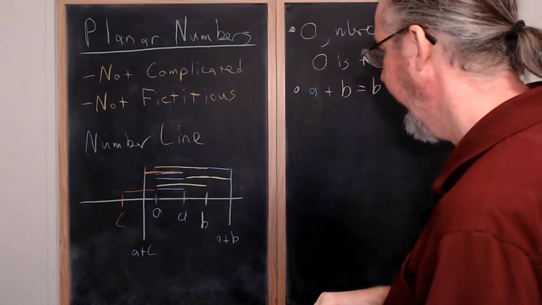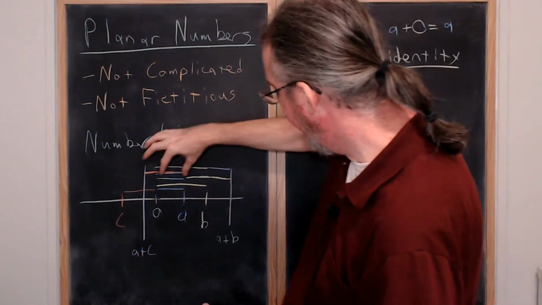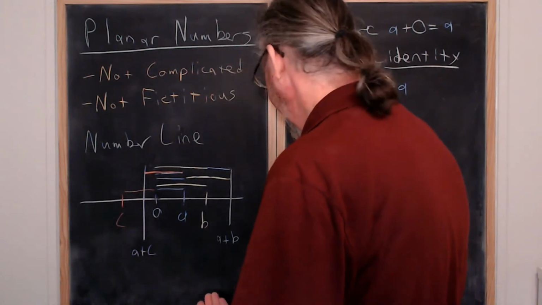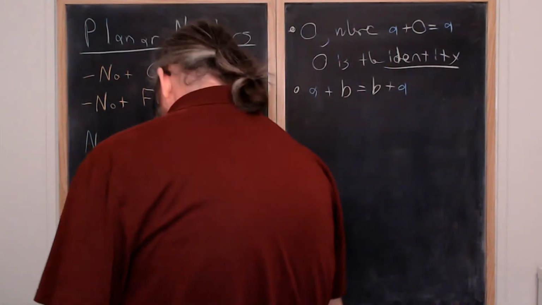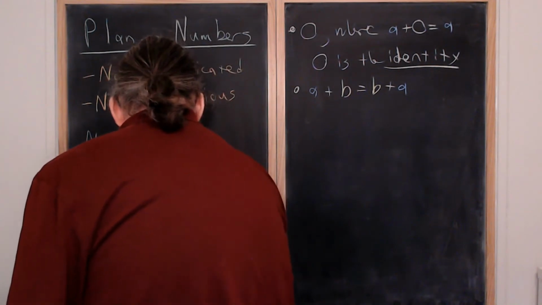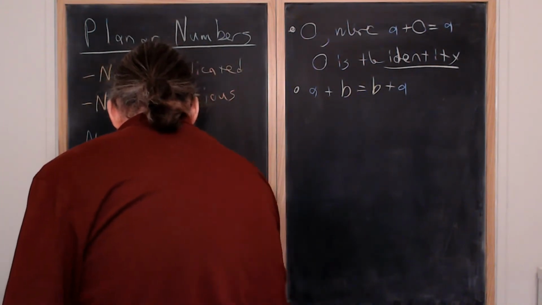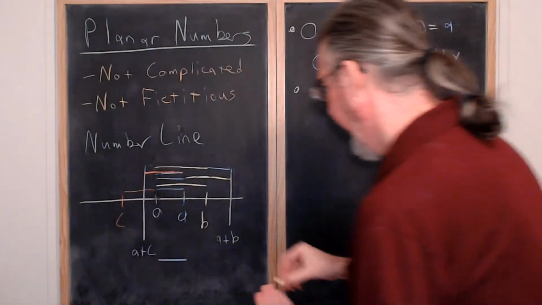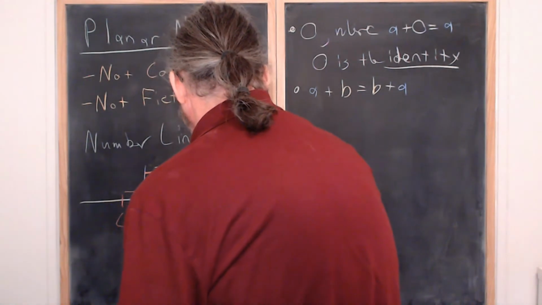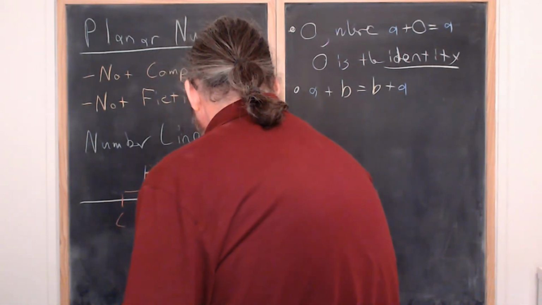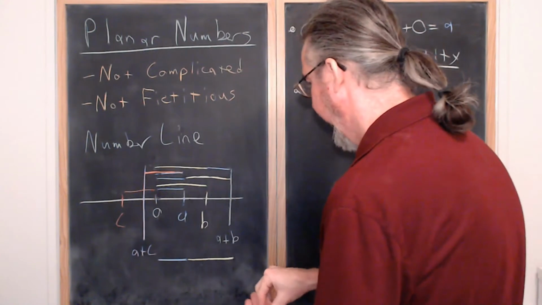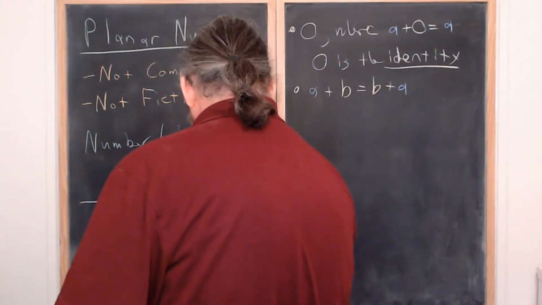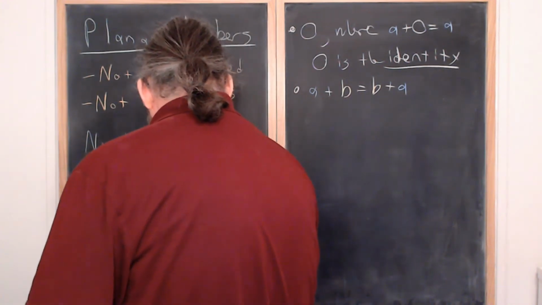Now, if I did A plus B plus C, I'll do that down here. We have A plus B is that length, which gets me to right about there. And now plus C, well, C is in the negative direction, so that takes me back to here.